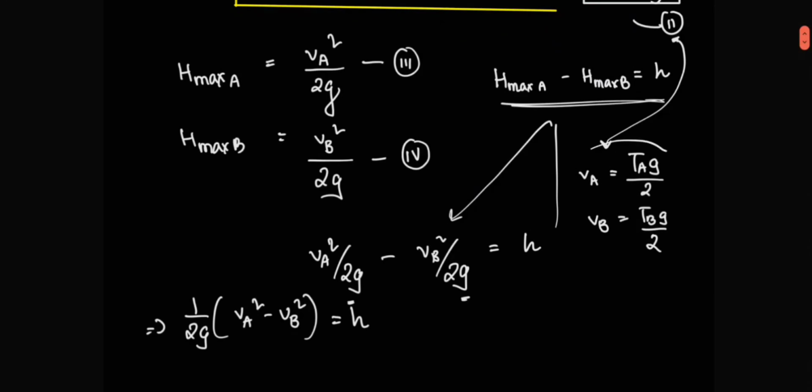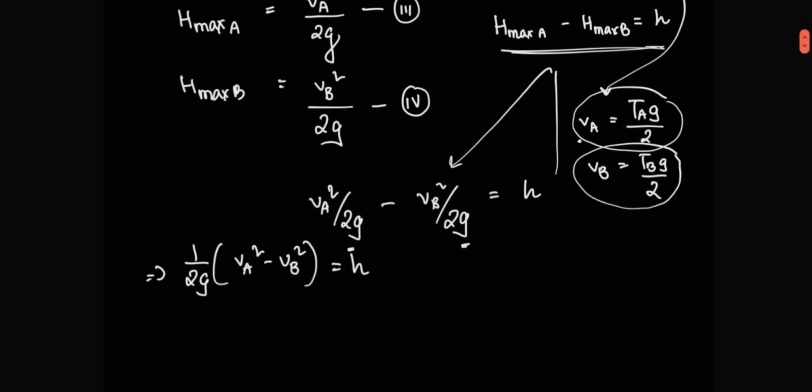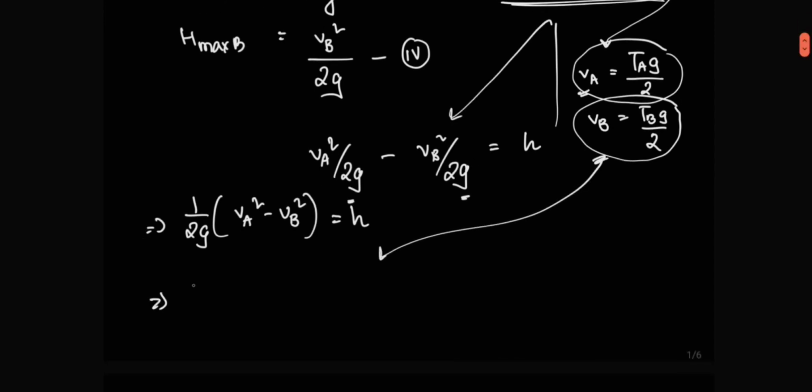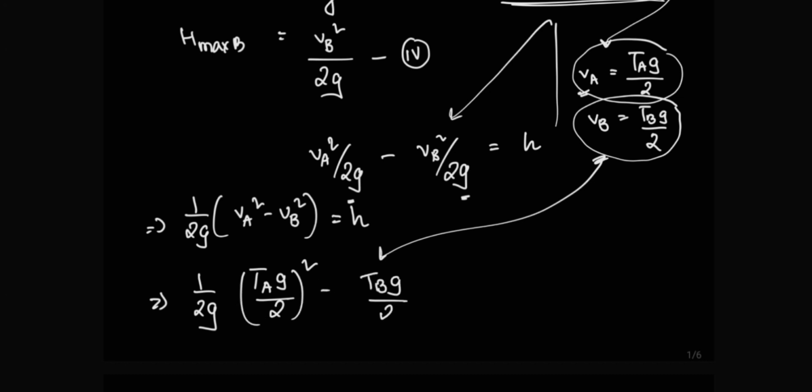So we have VA and VB, and if we plug these inside, we get 1 over 2g times the quantity TA g over 2 squared minus TB g over 2 squared, and this is basically h.